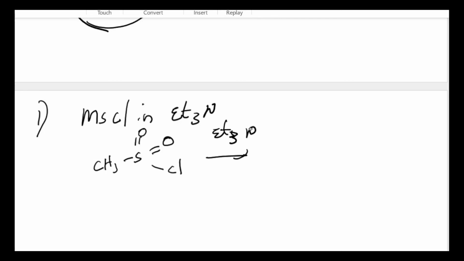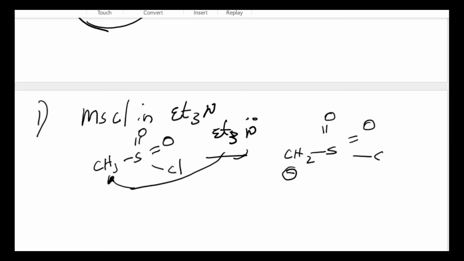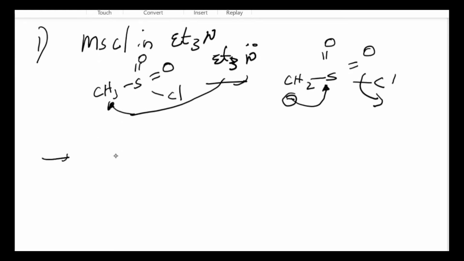Since we all know triethylamine is a base, it will take out the protons, giving CH2 minus S(=O)Cl. The electrons will shift, resulting in the loss of chloride, which forms CH2=S=O, a sulfene.